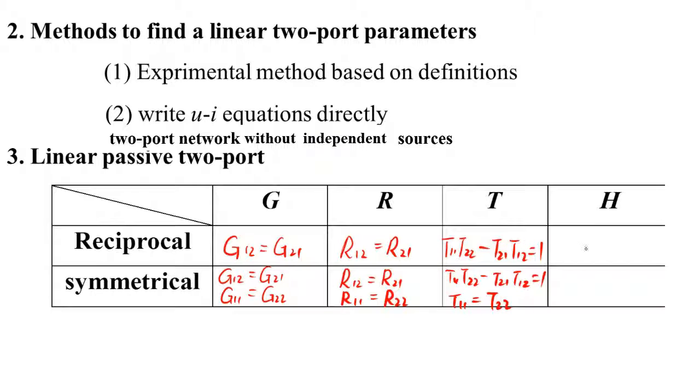For the reciprocal two-port, H12 equals minus H21. Pay attention to the minus sign. For the symmetrical two-port, besides H12 equals minus H21, the determinant of its matrix H equals 1.